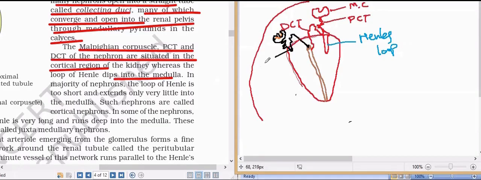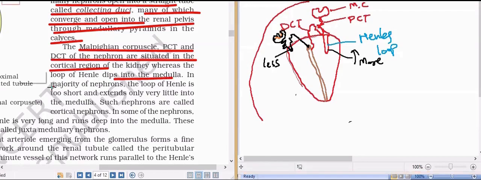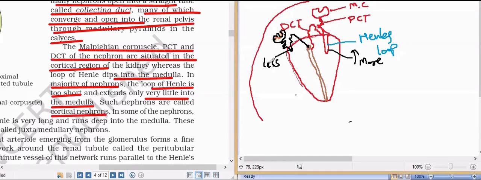This is the smallest. In this case, it is more. So in the majority of nephrons, the loop of Henle is too short and extends only very little in the medulla. Such are called cortical nephrons. So this type one is called cortical nephrons.